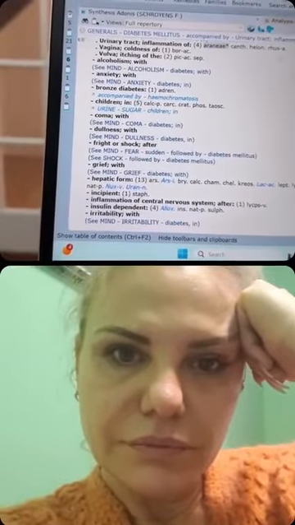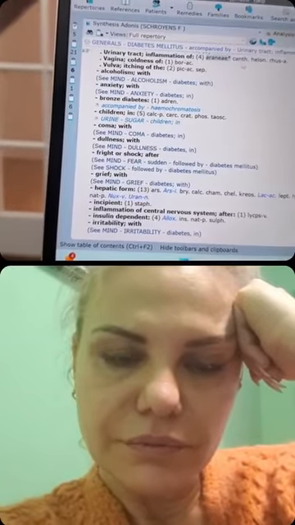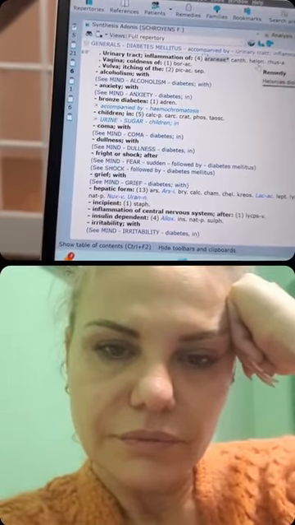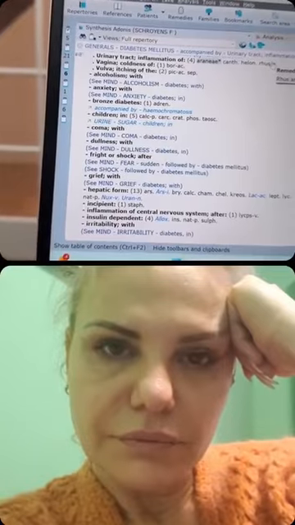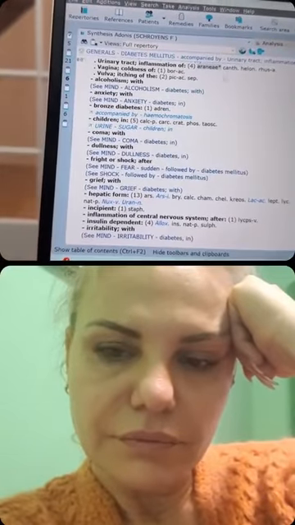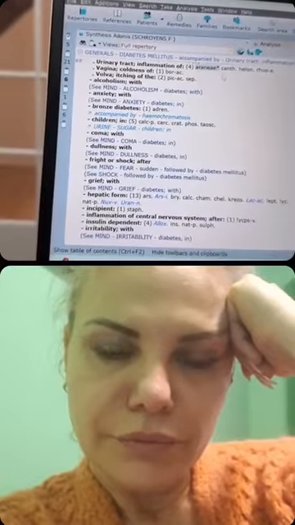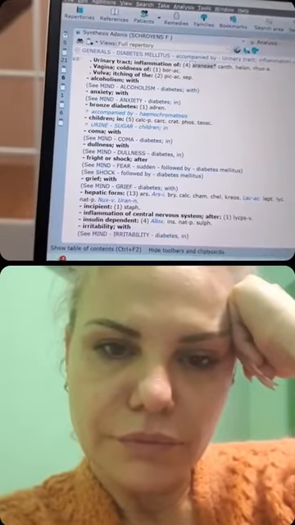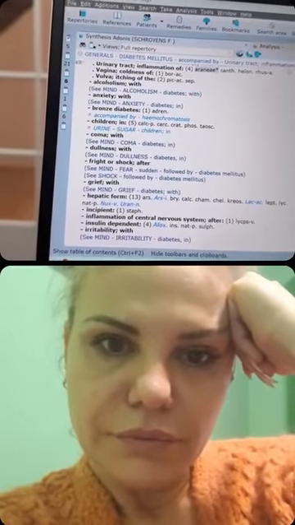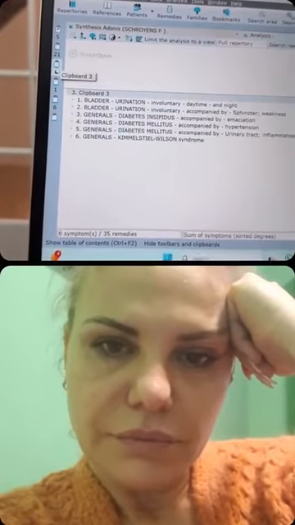So we have only three remedies here: Cantharis, Chimaphila, and Rhus aromatica. These three remedies cover these symptoms, diabetes mellitus along with urinary tract inflammation.